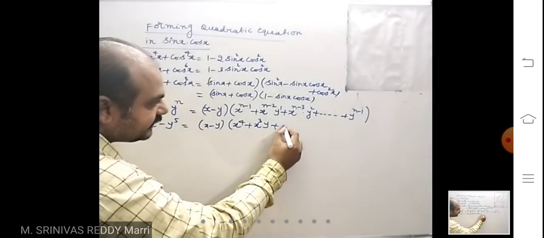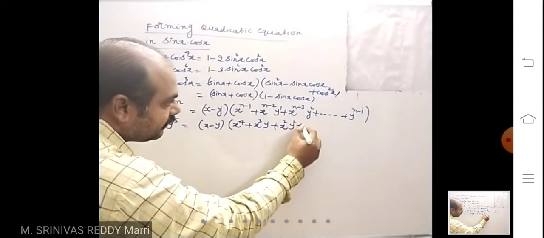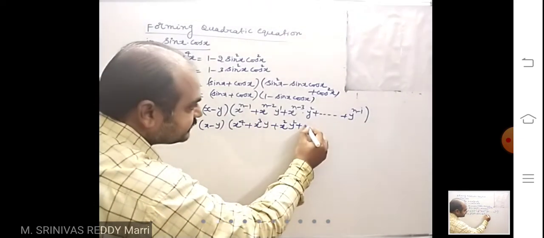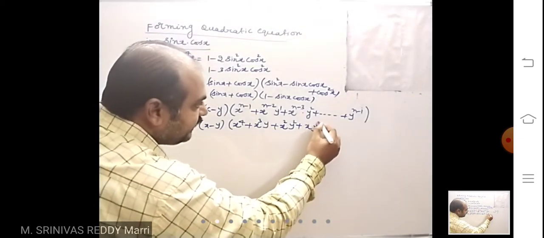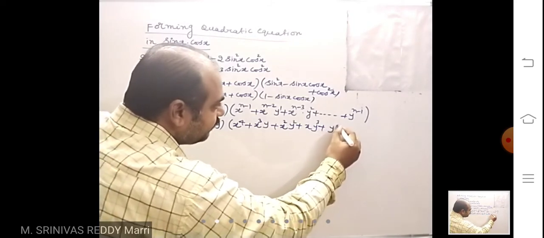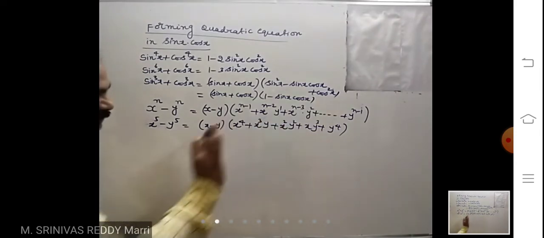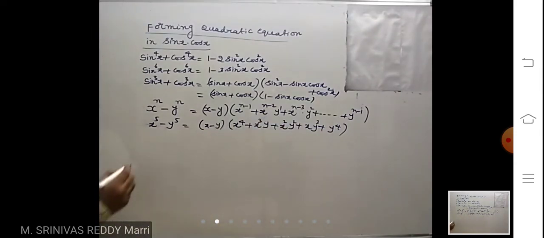Next, decrease x by 1, x square, increase y by 1, x square y square, decrease x by 1 and increase y by 1, plus x power 0, y to the power 4. So this is the formula for x power 5 minus y to the power 5.